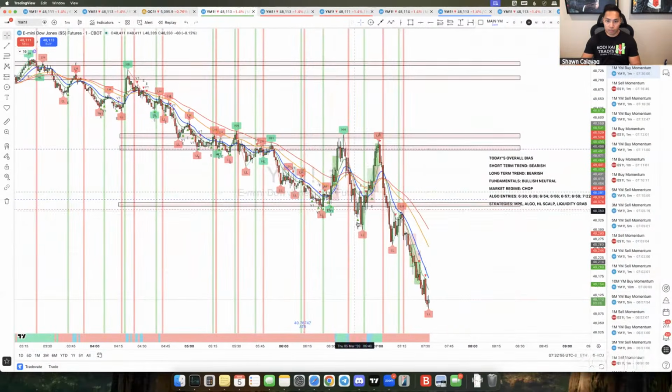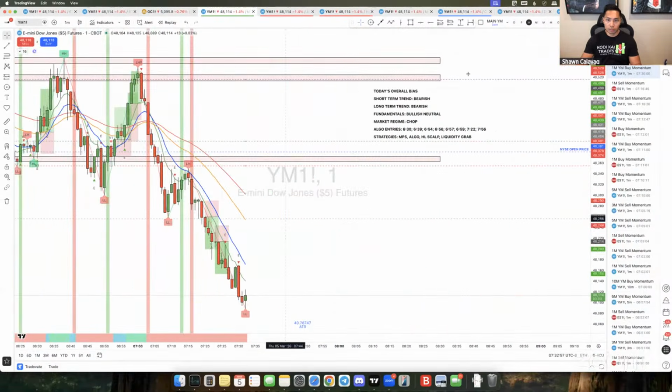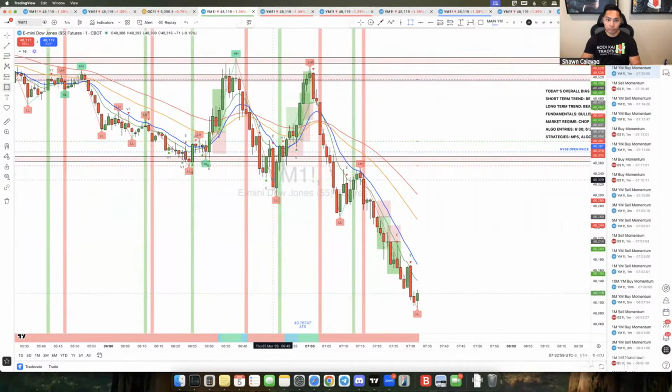If this ever swings back up. Okay, now that we're so far below, I'm going to mark up some new structure here. We can draw a little bit of structure right here.